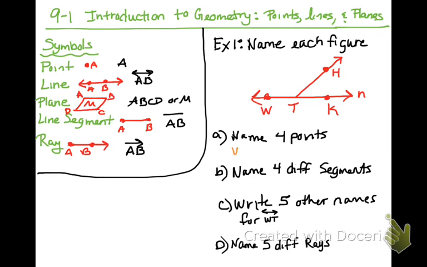W, H, K, and T. Notice N is not on the line, so you cannot put that. N is for lines, and that's for later on. Yes, you do need to put commas, or you just have made WHKT a plane. So you need commas, yes.